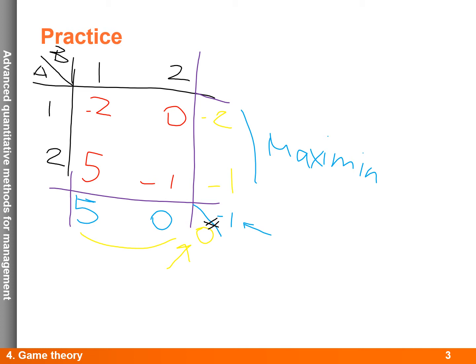And another conclusion, there isn't any pure strategy. So we have a combination of strategies that we name mixed strategy. Okay, guys? So the value of the game is between -1 and 0. Okay, but we don't know exactly what it is.